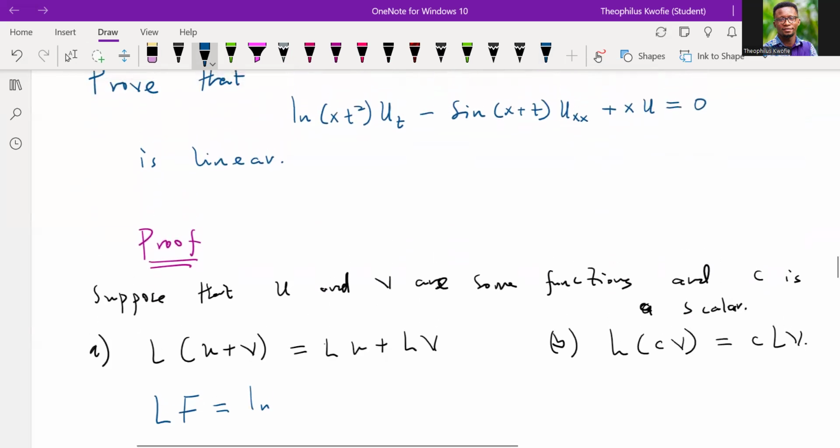remember that we have been given this particular operator.